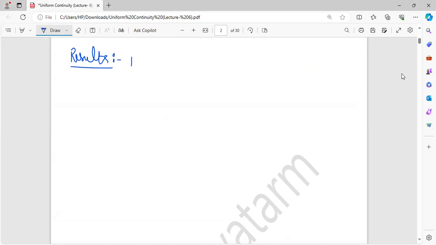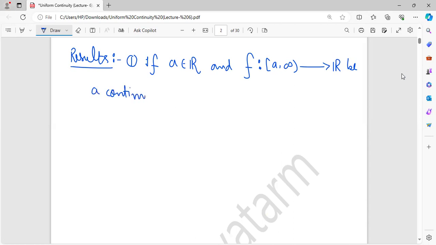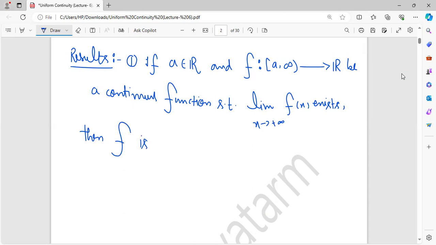First result is that if a belongs to R and f from the closed interval [a, infinity) to R is a continuous function such that the limit as x tends to plus infinity of f(x) exists, then f is uniformly continuous.